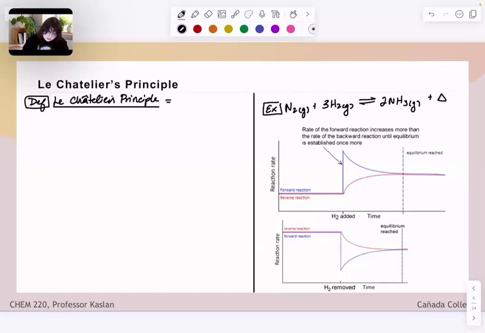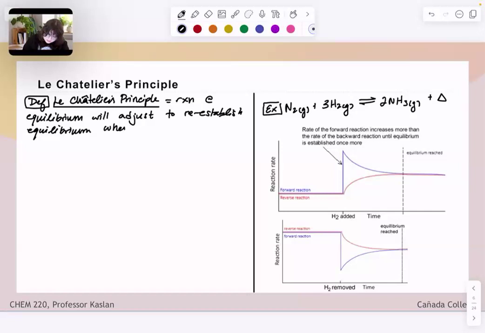Le Chatelier's principle states that a system or a reaction here will adjust to reestablish equilibrium when the reaction equilibrium conditions are altered.